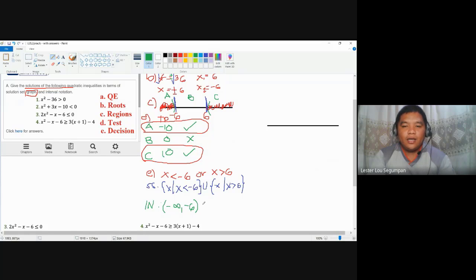And then union with positive 6 towards positive infinity. This is the interval notation, solution set, linear inequality form, and just by completing this with an arrowhead here, this is already the graph for the solution for number one.